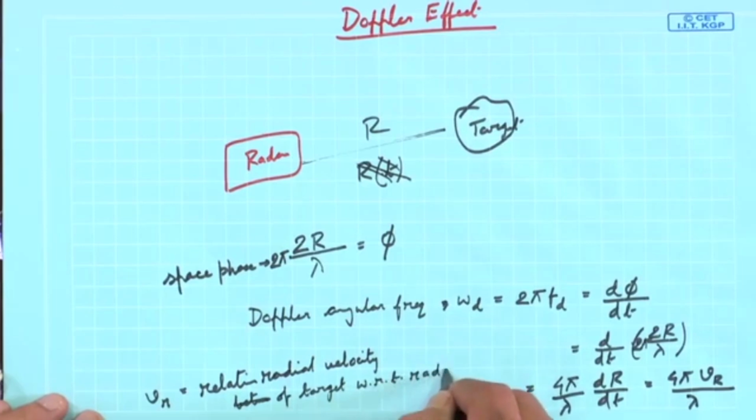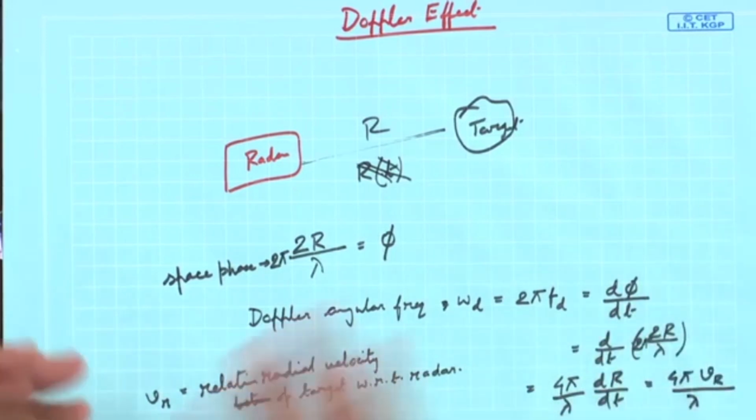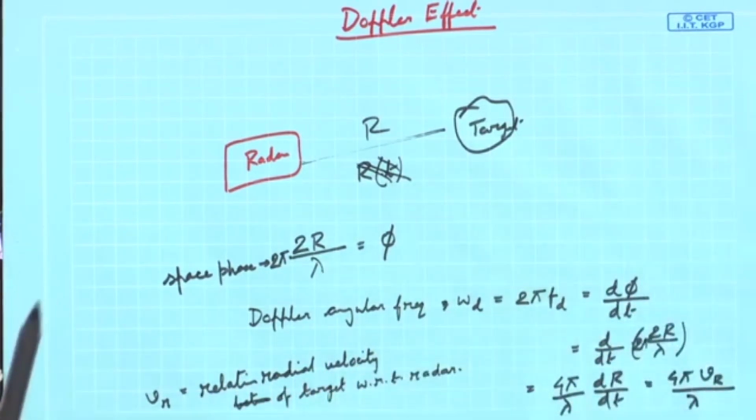Generally, we take it with respect to the radar, because the radar is generally not moving, but in airborne radars it moves. In that case, you can adjust. So, with respect to the radar, the relative radial velocity.